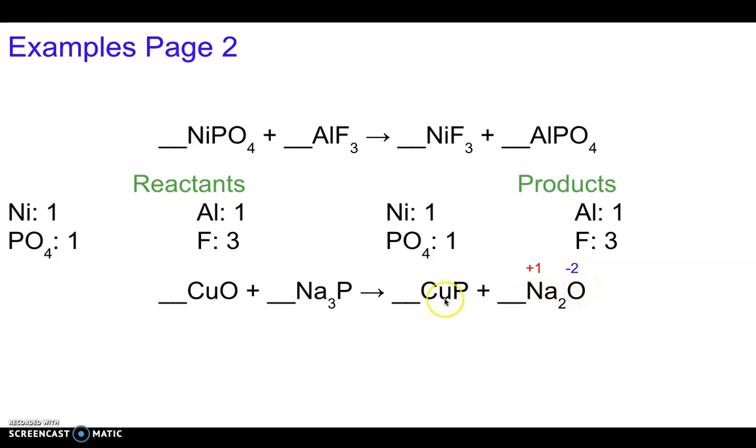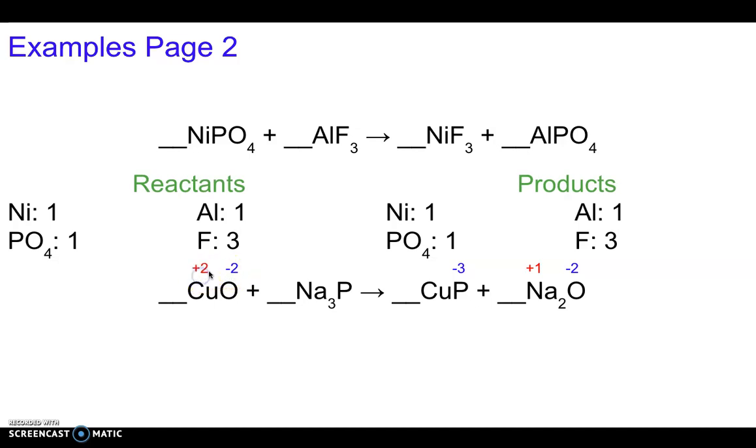Okay, next let's do copper phosphide. Phosphorus has a -3 charge, that's because it has 5 valence electrons. Let's take a look at copper. We don't know what the charge of copper is, but we know that it was paired with oxygen, and oxygen has a -2 charge.